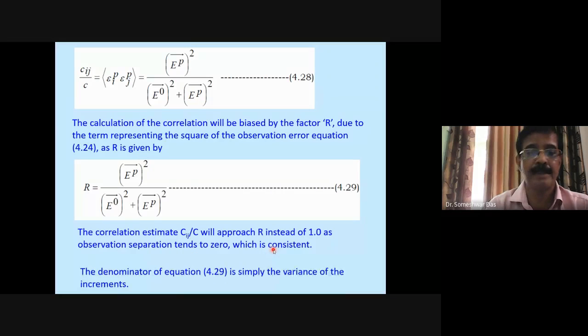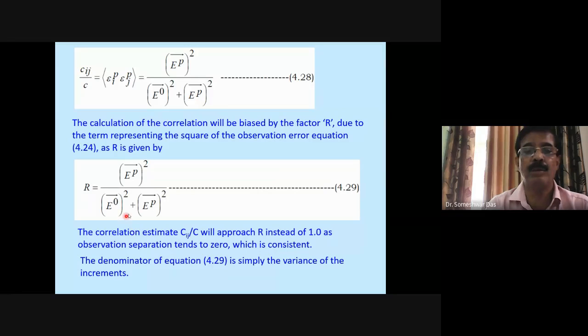The denominator of equation 4.29 is simply the variance of the increments, incremental observational error and incremental prediction error.